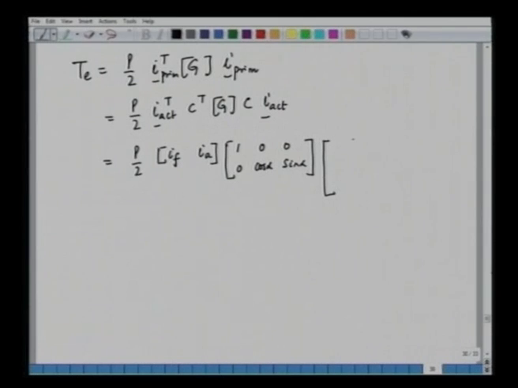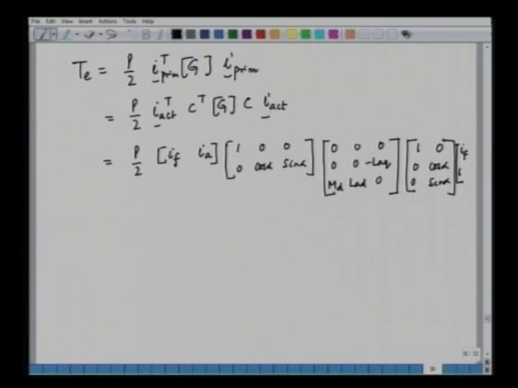So, we can find out this G matrix from the primitive machine equation, that is 0 0 and 0 0, 0 minus LAQ, MD LAD 0, and then we will post multiply with C. The C is 1 0, 0 cos alpha 0 sin alpha, and then we have I actual is IF IA.